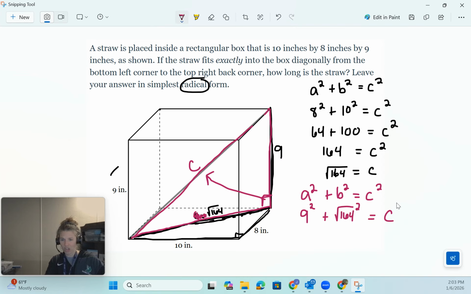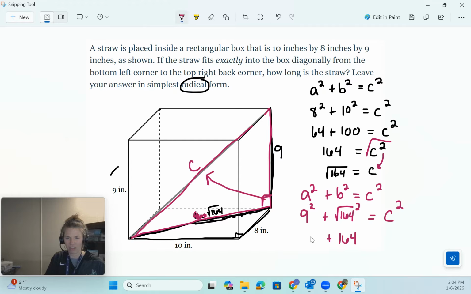We know from previous experience that when we square a square root, it just becomes the base. So when I square the square root of 164, that is going to equal 164.